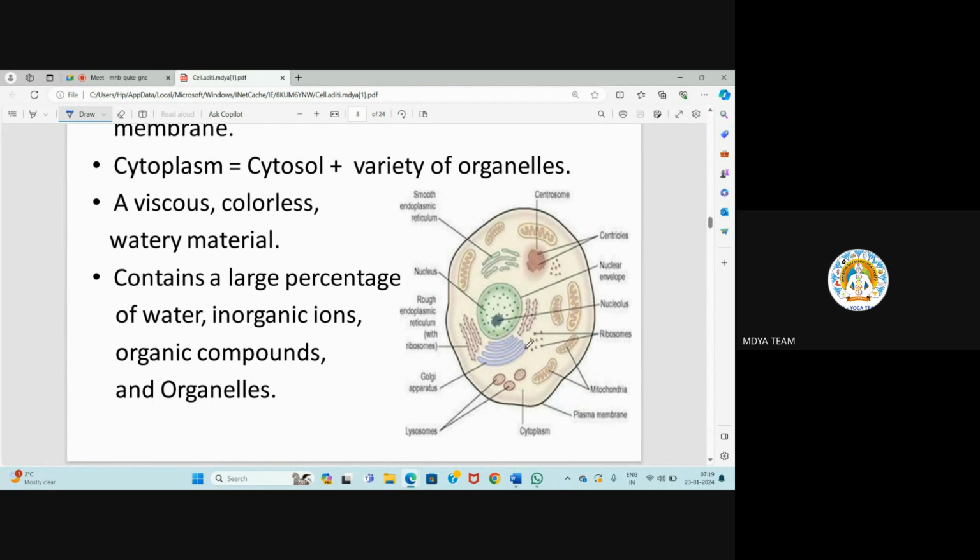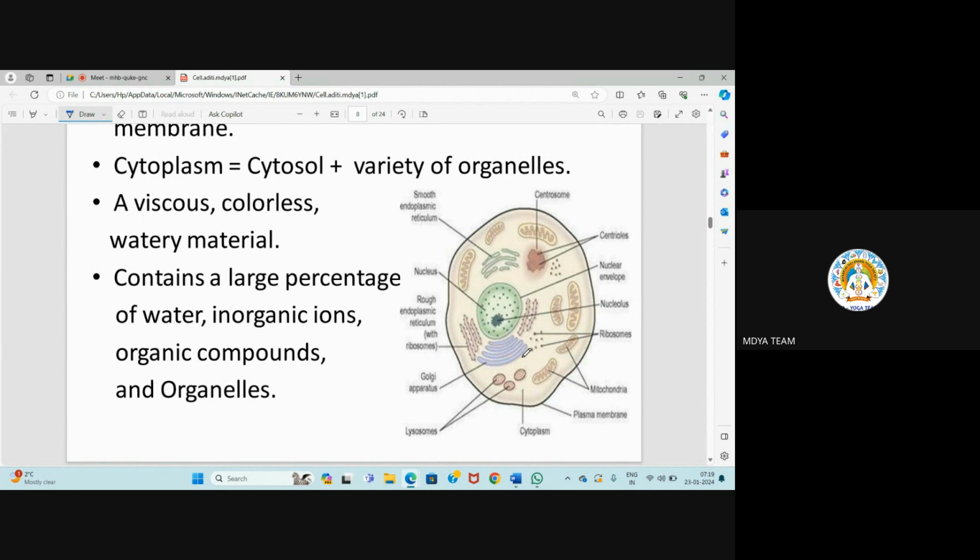If these organelles are covered with a membrane, then the cell is known as eukaryote. If these organelles are not covered by any membrane, then it is prokaryote. Is it clear?